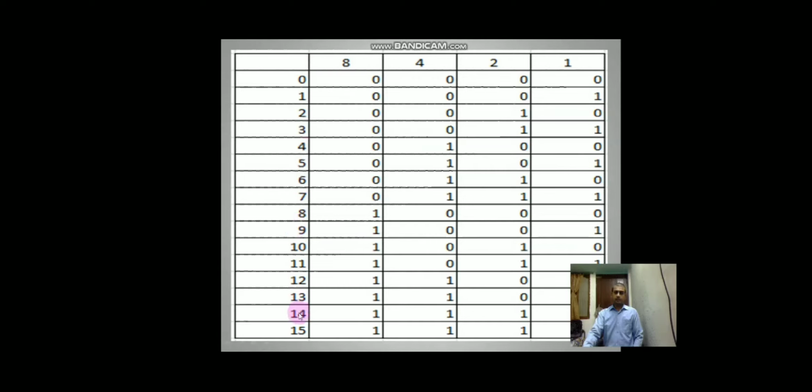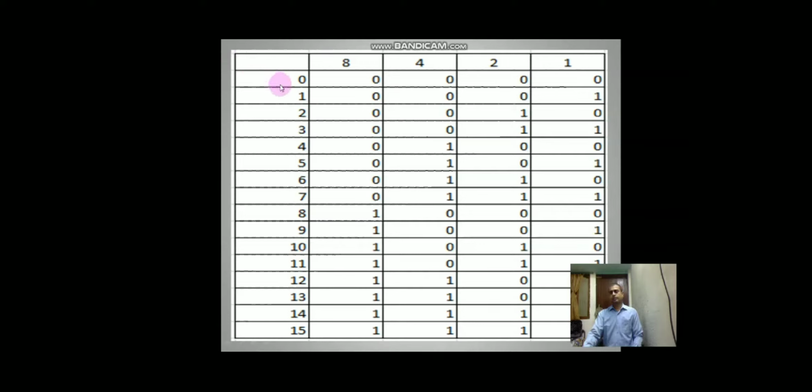Like this we can go up to 31. If I write 16 upside, it will go up to 31. So this we have to take care of.